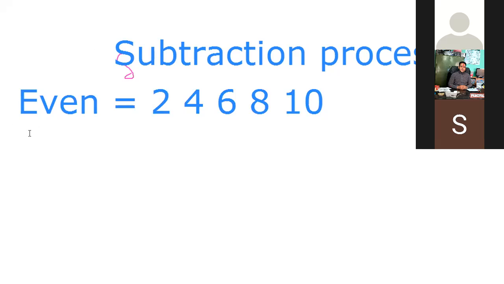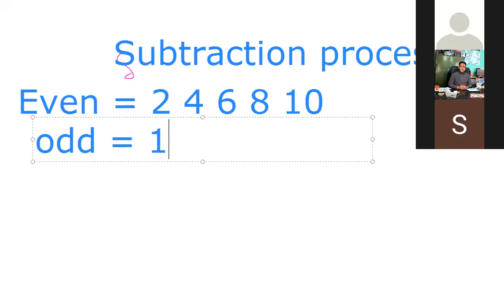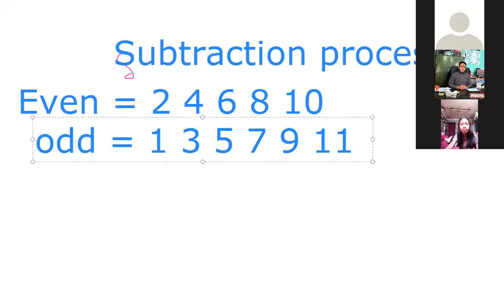1, 3, 5, 7, 9, 11, and so on. Yes. Now numbers which are not divisible by 2 are odd numbers.